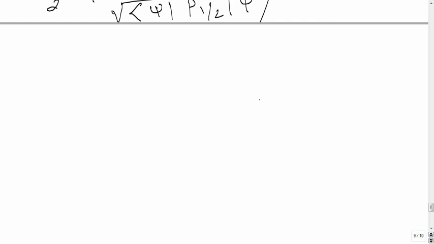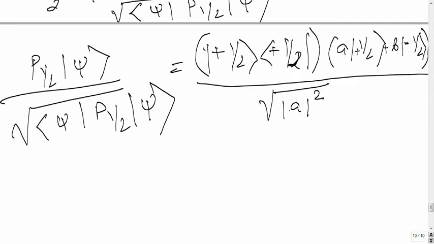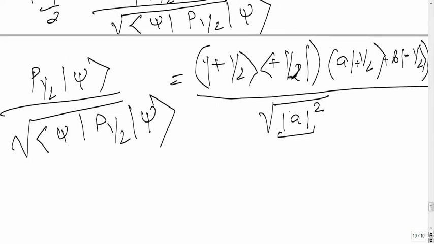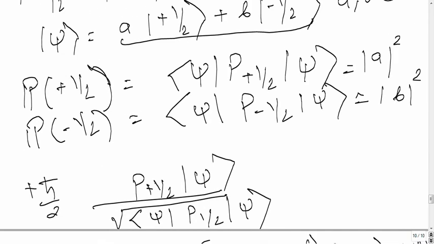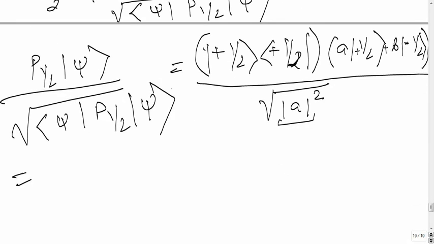So this is the plus half projection operator, given like this, and this psi state is defined like this, times this would be the magnitude of a squared, because we have evaluated this and it was under a square root. The projection operator would go inside, and a, since it is a complex number, would come out of the inner product. The inner product of plus half with plus half gives 1, and plus half and minus half are orthogonal, so that gives 0.